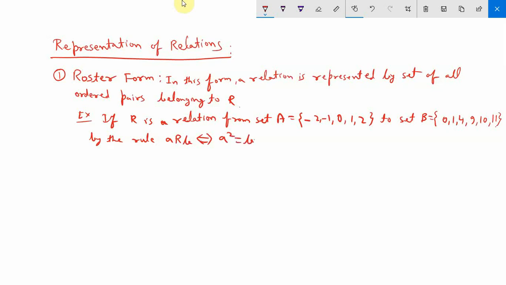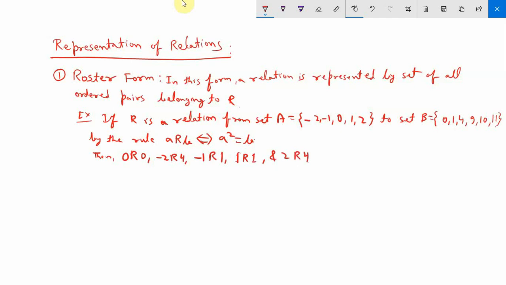Thus it can be written as 0 R 0, then -2 R 4, then -1 R 1, then 1 R 1, next 2 R 4.